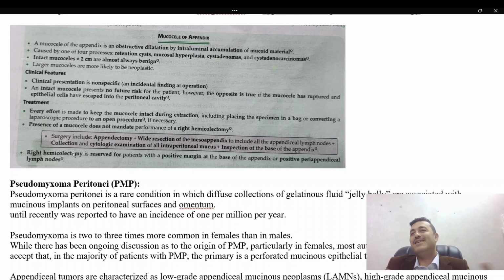How, I don't know. Either convert to open or call your senior. But the classic operation is appendectomy, wide resection of the mesoappendix, and any suspicious lymph node, please remove them. If there is fluid, take it for cytological examination.